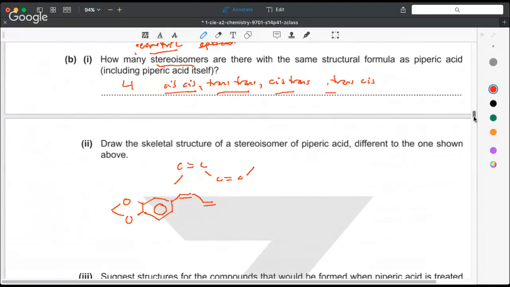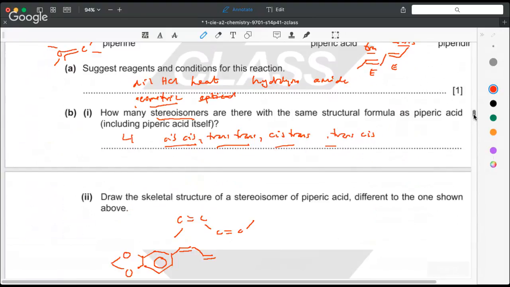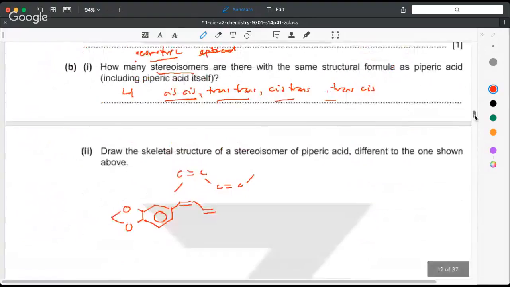What's at the end? Yes, it's an acid. And that's cis as well. Okay, so I found it easier to do the cis rather than to do the cis trans and the trans cis. But you could have any of those 3 other combinations compared to the one that they've already given you. Good.